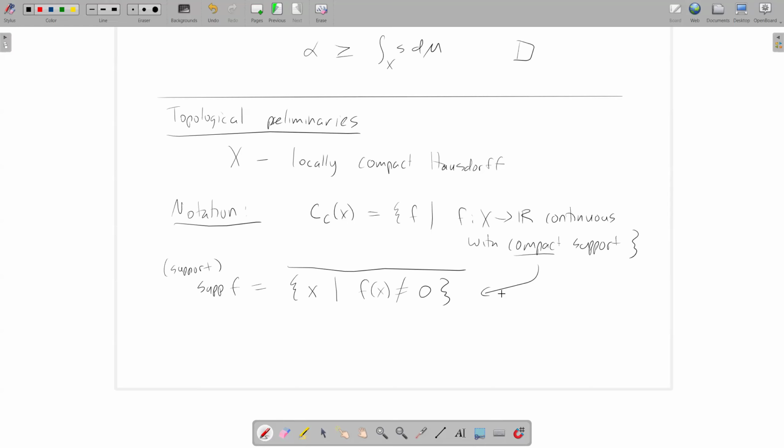Okay. So I told you topology was required here. I just feel like if I go over all of that, we're going to get way bogged down in an intro topology class, which is just too much for me to really contemplate right now. Okay, so that is the continuous functions with compact support. Continuous means what it usually means.